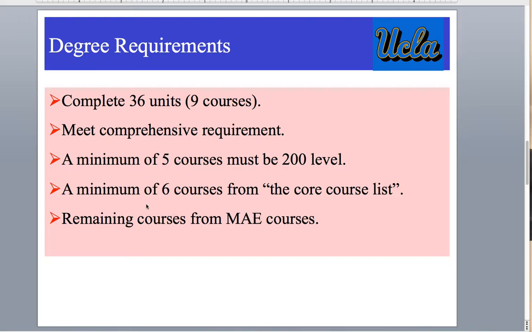In addition, you have to have a minimum of 6 courses out of the 9 from what we call a core list. The core list is the list of courses that would prepare you to be proficient in manufacturing design, so this is a coherent list of courses in manufacturing design.